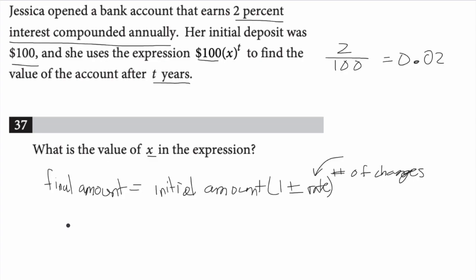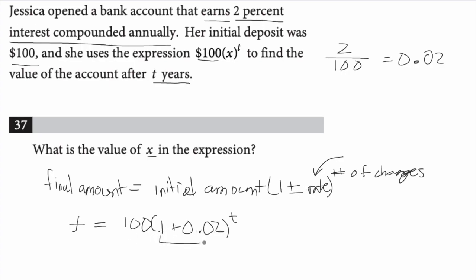So what we'll do is, I'll label this F for now, equals 100 times 1 plus, because it earns, that's a key word, so it earns 0.02, and then to the power of t. We're not given a value for t, so we'll just leave it at that. So the x would not be 0.02, as we haven't added 1 to it yet.